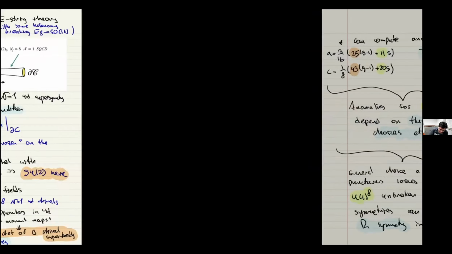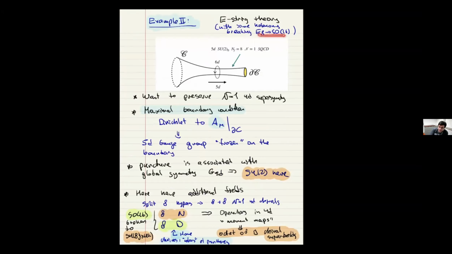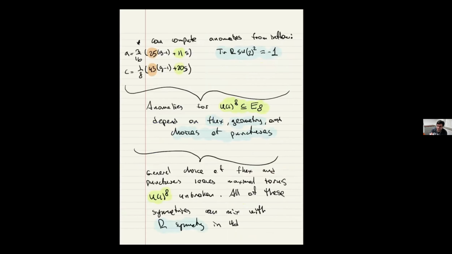But in this case, we have the E8 symmetry, and we might break this E8 symmetry to a smaller group by fluxes, and these boundary conditions at the punctures also break this E8 symmetry to a smaller group. So we might have a lot of U1 symmetries which can mix with this R symmetry to produce a superconformal R symmetry. So this is not necessarily the superconformal R symmetry. This is the one which is inherited from 6 dimensions.